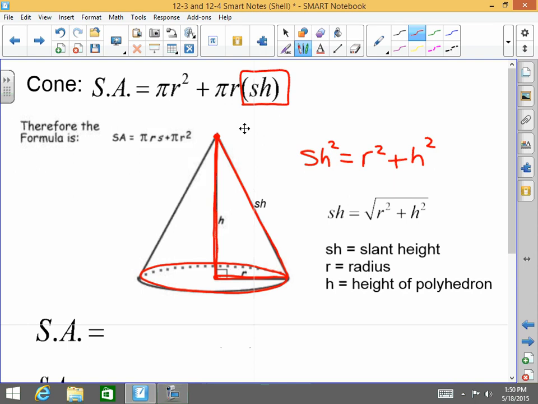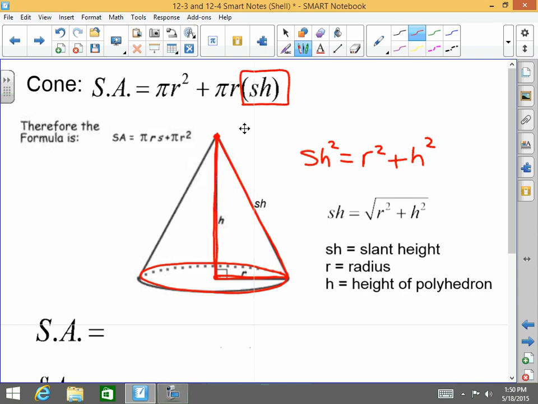So far you've got prisms and cylinders, which is 2 base plus lateral area, which is perimeter times height. Now, then you have a pyramid, which is base area plus the sum of all lateral areas.